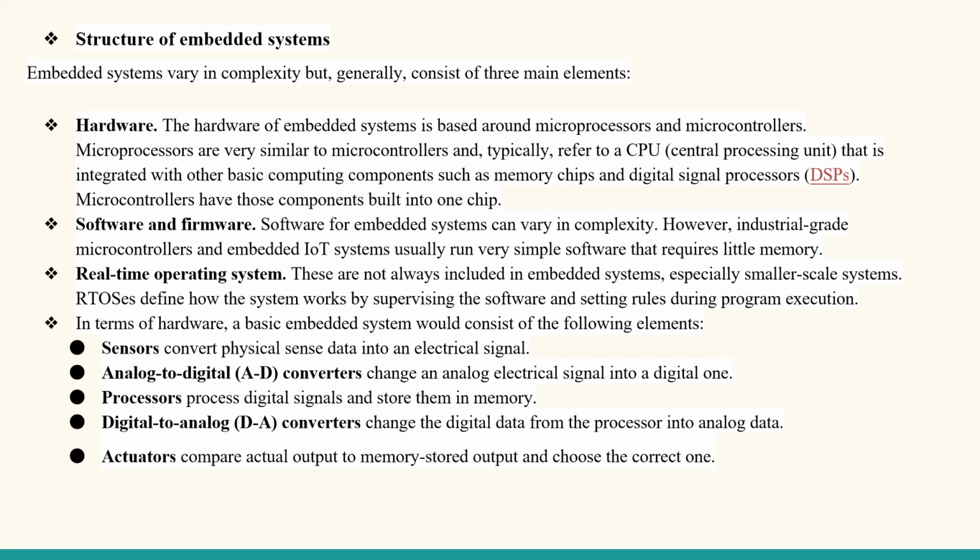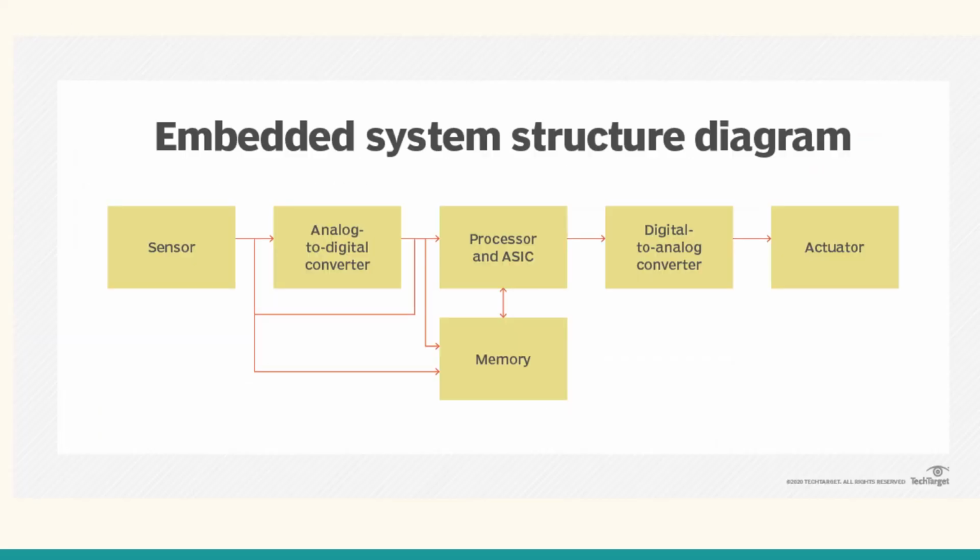RTOSes define how the system works by supervising the software and setting rules during program execution. In terms of hardware, a basic embedded system would consist of the following elements: sensors, analog to digital converters, processors, digital to analog converters, and actuators. Now let's move towards the structure diagram of an embedded system.